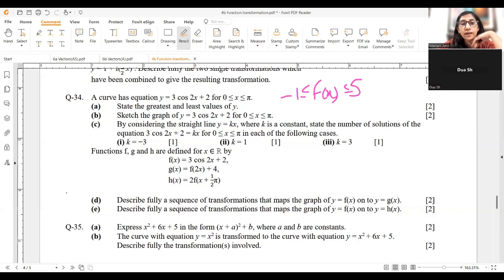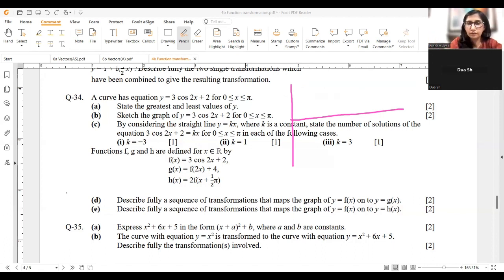Okay. Sketch the graph of that. I don't know if we've done that yet. I don't think so. We haven't done trigonometry. So we'll just go ahead and sketch it anyway. The maximum value of this graph is 5. The minimum value is -1.